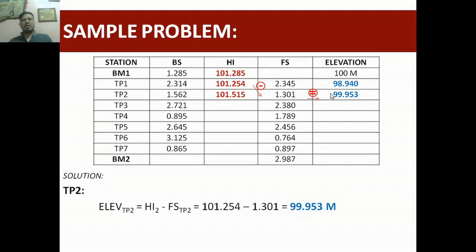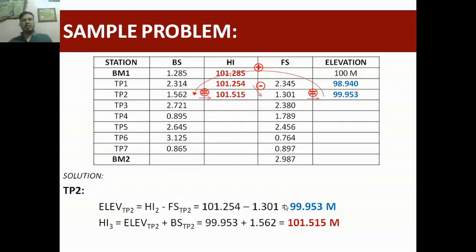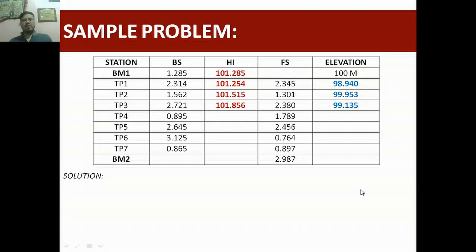So it gives us the value 99.953. Then before we can proceed with turning point 3, we will compute the height of instrument 3. From the elevation, jump over to the other side. That will give us the height of instrument 3, this one.